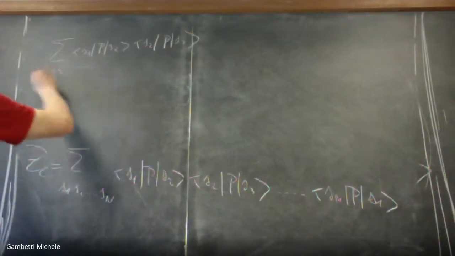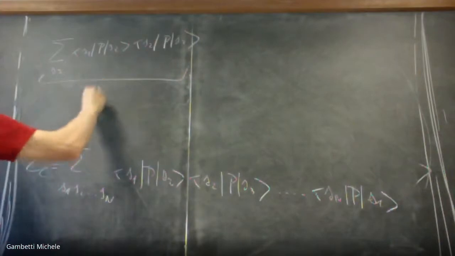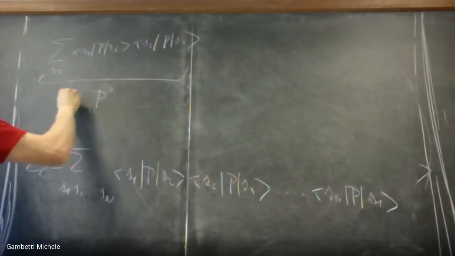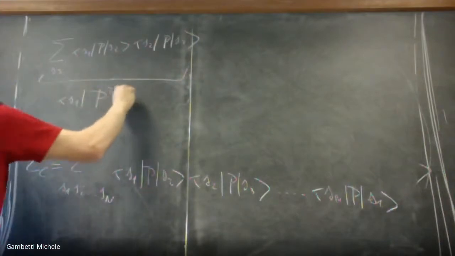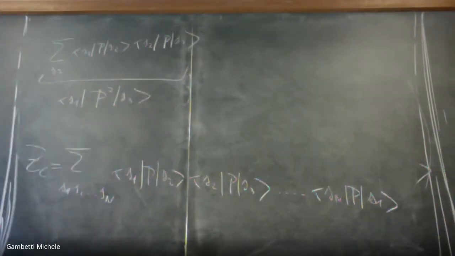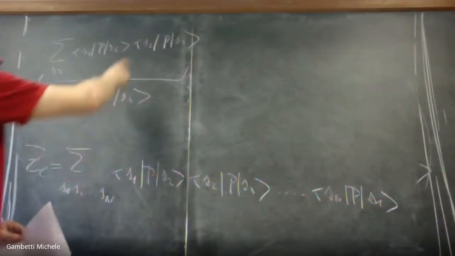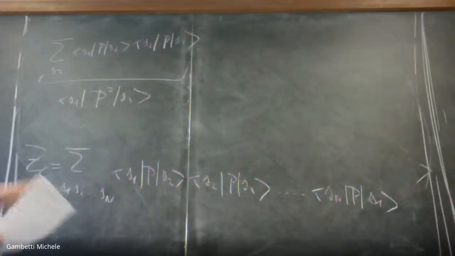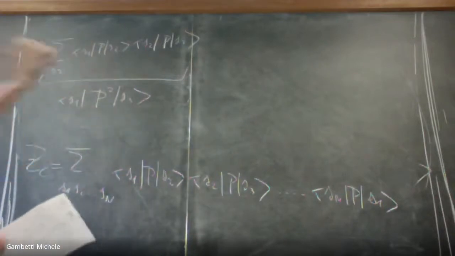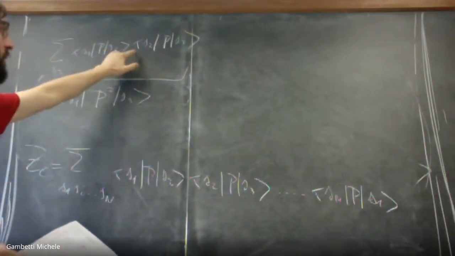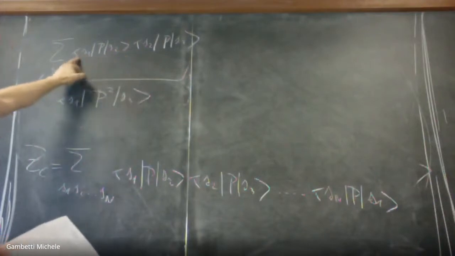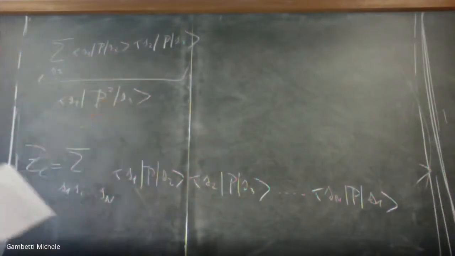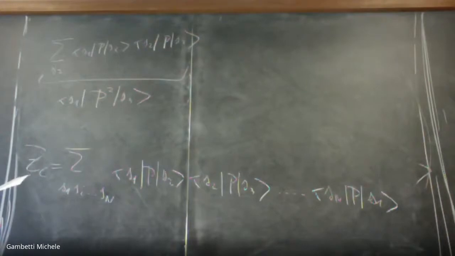So this is basically just the P squared S1, S3 component. Where I'm summing over S2, this is the S1, S3 component of the matrix P squared, okay?